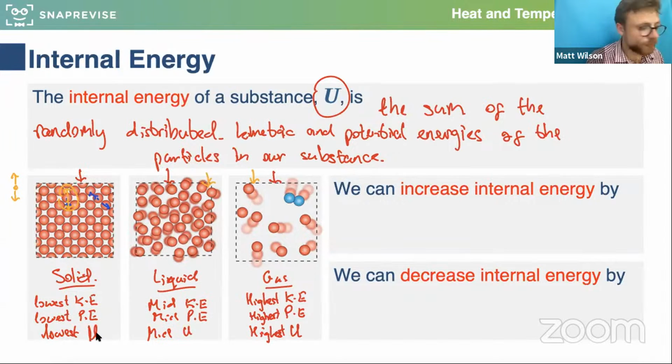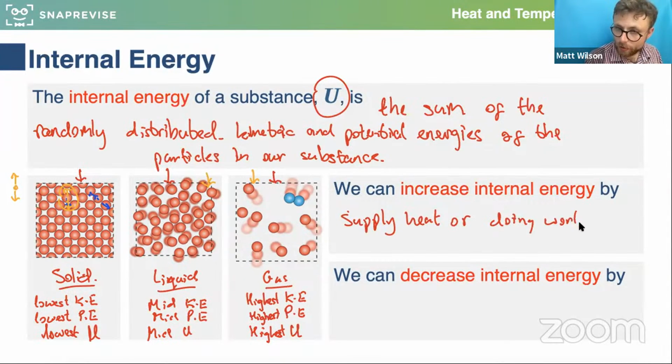Okay, so you may well know that if you want to turn a solid into a liquid or a liquid into a gas, you need to supply heat or do work on your substance. And so to increase the internal energy of a substance, you need to either supply heat or do work on the substance.